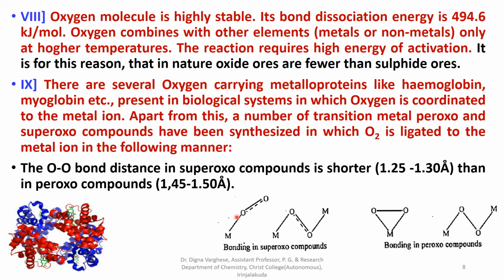This shows the bonding in superoxide compounds, and this shows the bonding in peroxo compounds. The oxygen-oxygen bond distance in superoxo compounds is about 1.25 to 1.3 angstrom, and that in peroxo compounds 1.45 to 1.50 angstrom. So the oxygen-oxygen bond distance in superoxo compounds is shorter than in peroxo compounds.